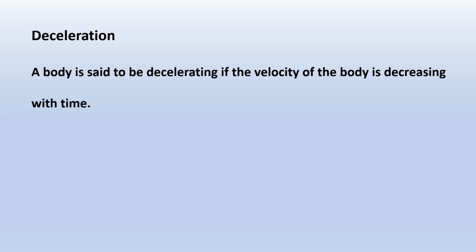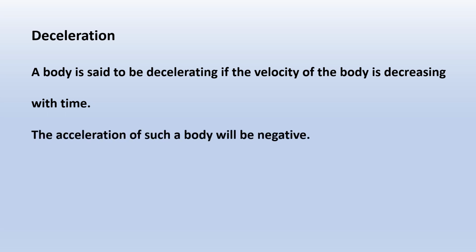Deceleration. What is deceleration? A body is said to be decelerating if the velocity of the body is decreasing with time. The acceleration of such a body will be negative.